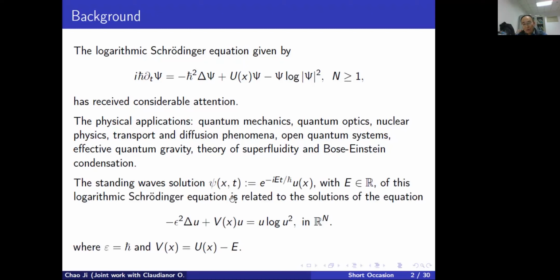In order to look for this kind of solution, it's equivalent to looking for the solution of the semilinear elliptic equation.